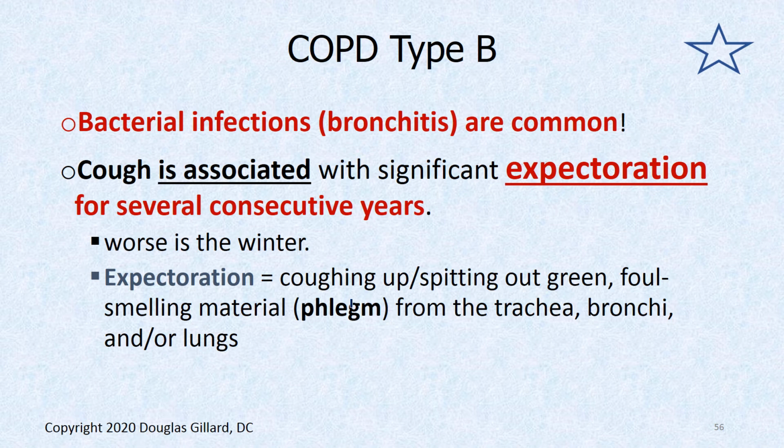This is worse in the winter. This coughing or hacking and spitting out is called expectoration. There's a word for that, expectorate. So they're expectorating all this foul-smelling, usually greenish material, which is called phlegm.